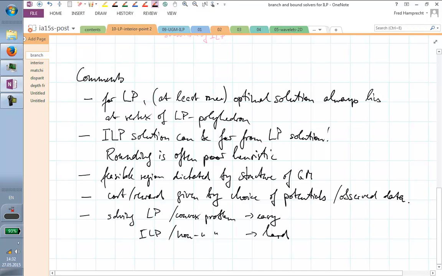Well, we have to distinguish. So the question was, can we also have open polytopes? Yes, we can. And then the optimization problem is ill-defined, because we will get solutions that would like to be infinite. And this is still true if we impose the integrality constraint.